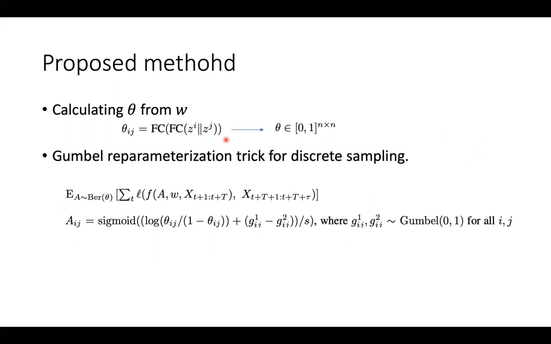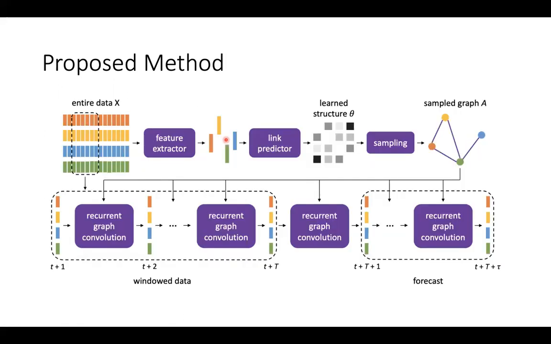The final output goes through a sigmoid function, so that each of the values is within 0 and 1.